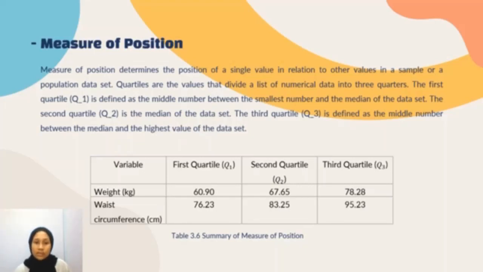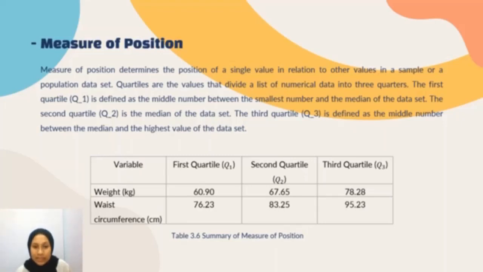As for the waist circumference, 75% of persons have a waist circumference more than 76.23 cm and 25% of persons less than 76.23 cm. 50% of persons have a circumference more than 83.25 centimeters, and 50% less than 83.25 centimeters.